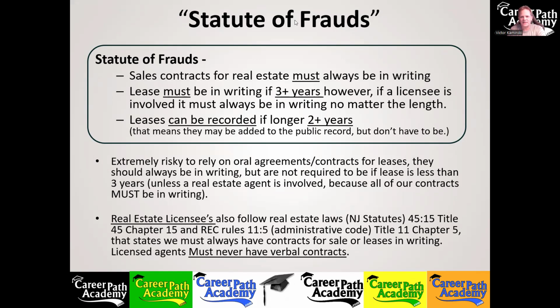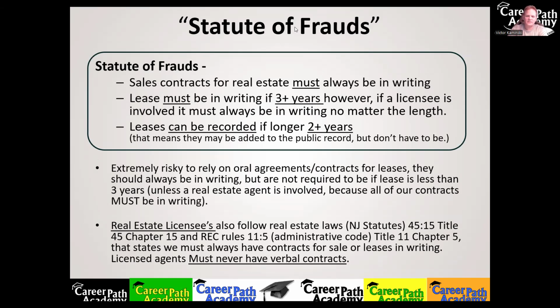Because we as real estate licensees have to follow the real estate commission's rules, and the real estate commission rules say that we're not entitled to a commission unless we have some sort of authorization in writing to act on behalf of the owner.